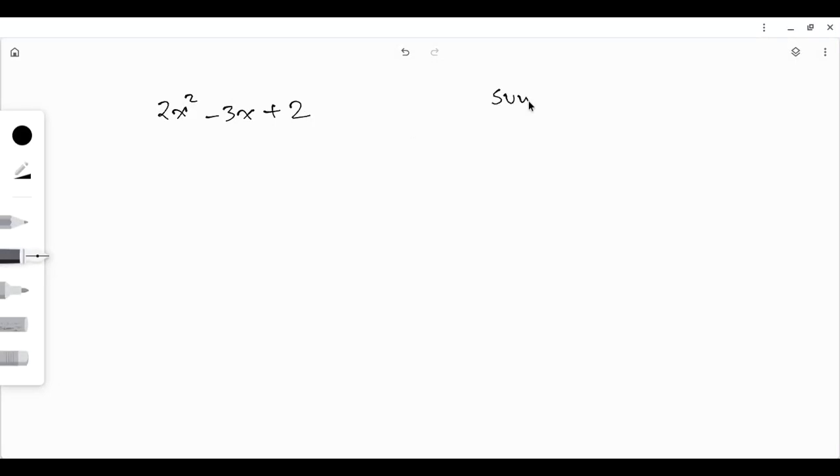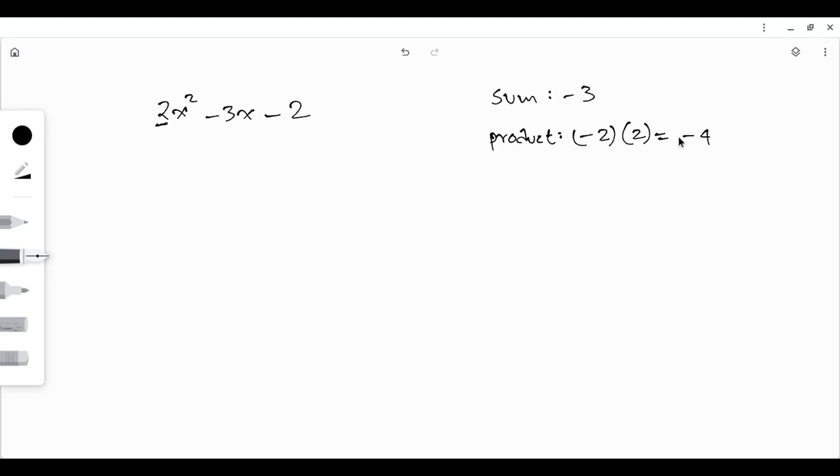Now I need the sum to be negative 3, but I need the product, sorry, it's not just negative 2, I need to multiply it by this number here. That's because we have 2x squared. So the product needs to be negative 4.